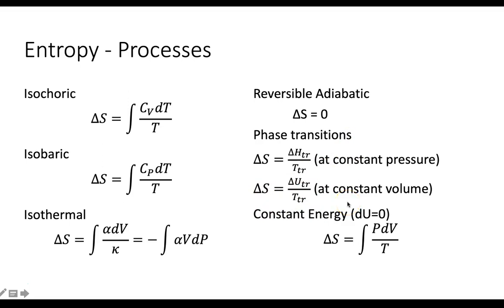Or if we're doing boiling or whatever phase change it is, or a solid-solid phase change, if we're doing it at constant volume, then it's the internal energy change of that particular phase change divided by the temperature itself. So these are phase transitions, which we'll do a little bit more later in the course. And then a constant energy process where we have no change in our internal energy, then our delta S is equal to this. We would derive that.